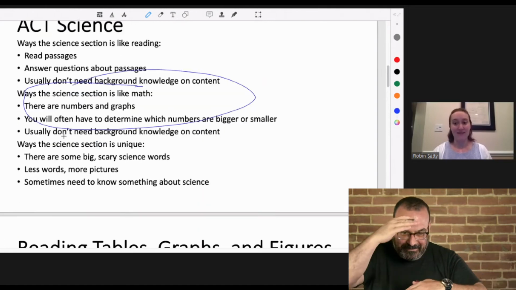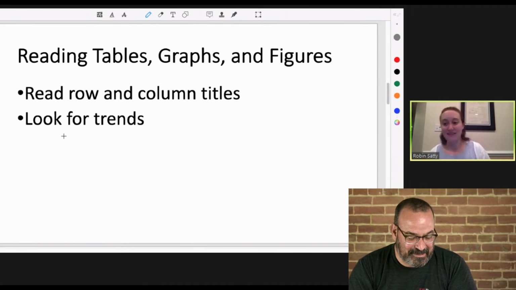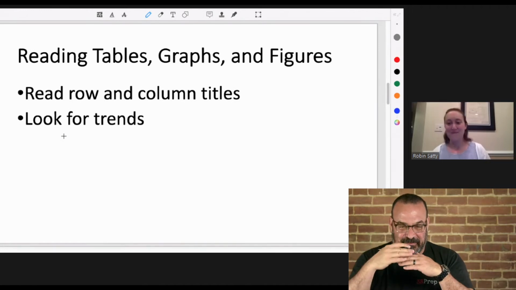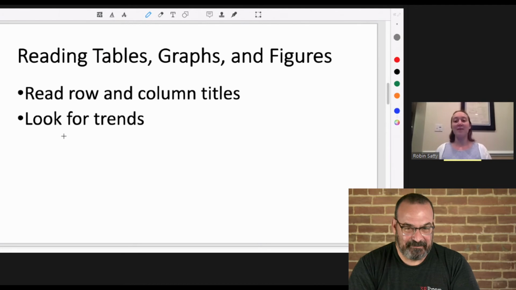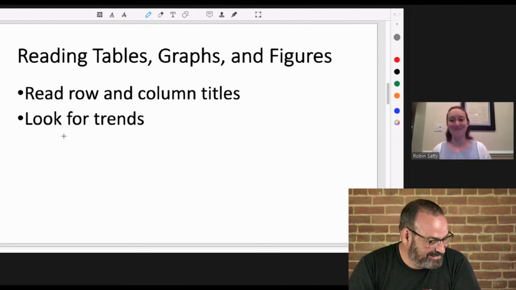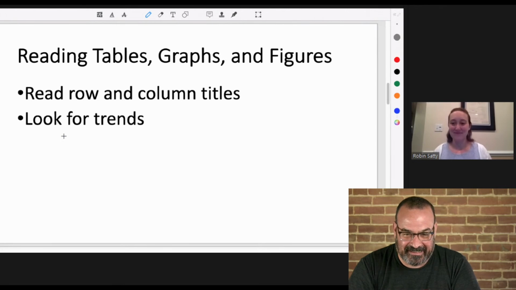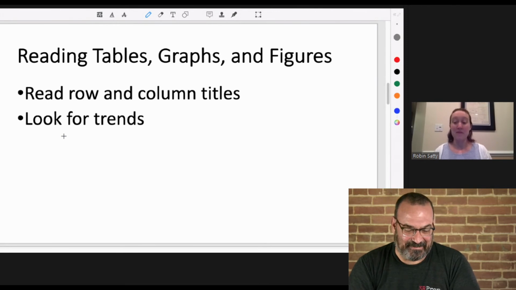Big and small. I see Phil dancing in the background. That makes for good YouTube. I'm practicing for my TikTok. Big and small data. I'm still not sure what TikTok is. TikTok is watching other people dance. So Damien and I are going to start when? Saturday. We're going to solve ACT math problems and post them on TikTok. It's going to be fun.